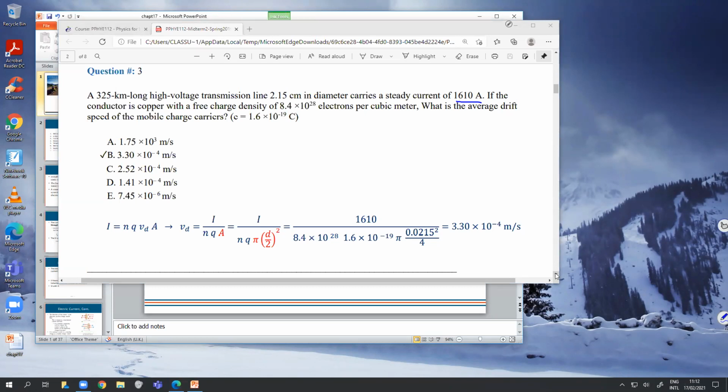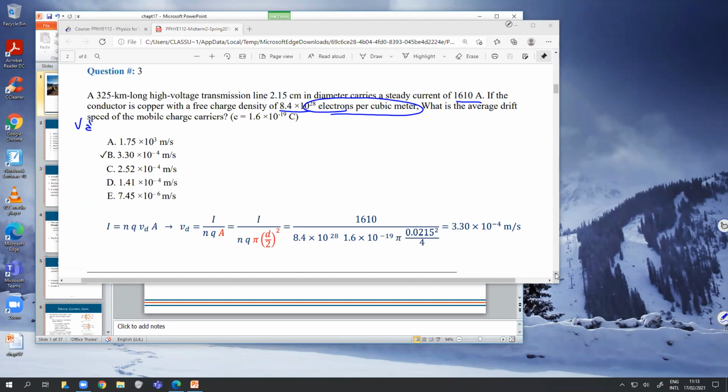The conductor is copper with a free charge density of this many electrons per cubic meter. What is the average drift speed of these mobile charge carriers?